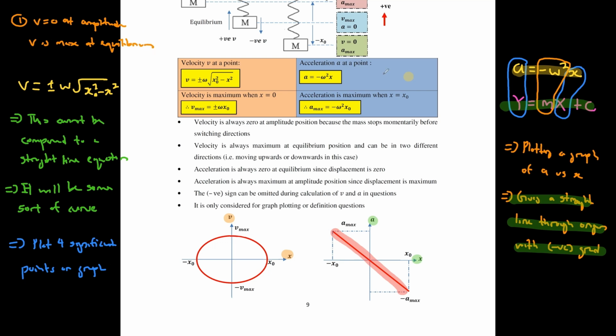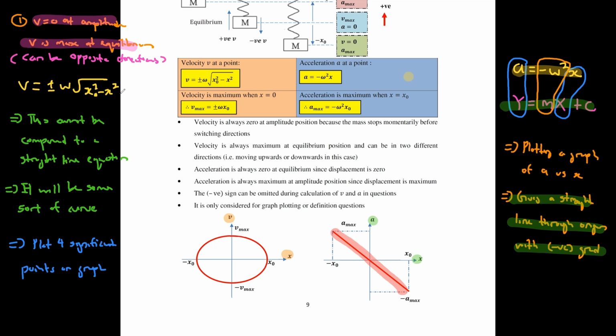Okay, these are one of the key takeoff points from the previous section. Velocity will always be 0 at amplitude. Velocity is max at equilibrium and can be in opposite directions. Either up or down, right? Isn't it?